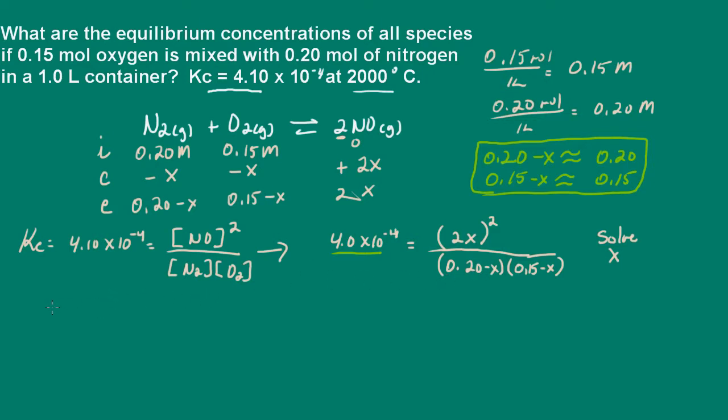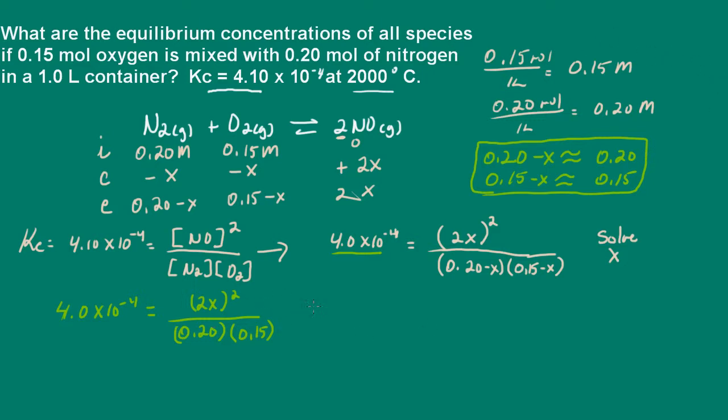So this simplifies our expression quite a bit by using the assumptions. So I have 4.0 times 10 to the negative 4 is equal to 2X quantity squared divided by 0.2 times 0.15. Okay, so let's see what we end up with here.